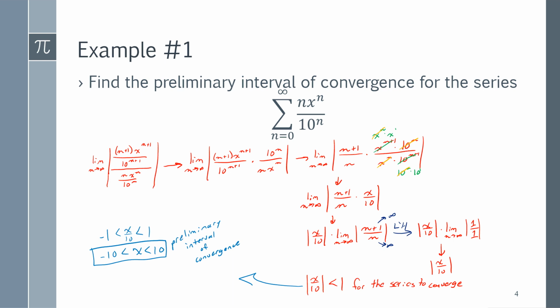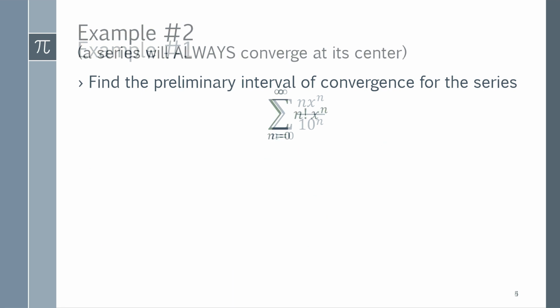If I then do a second example here, this is something that's going to happen every now and then. It's to illustrate the fact that a series will always converge at its center, because remember, the center is like the point of tangency. It is a point that is both on my function and on my Taylor polynomial, no matter what.